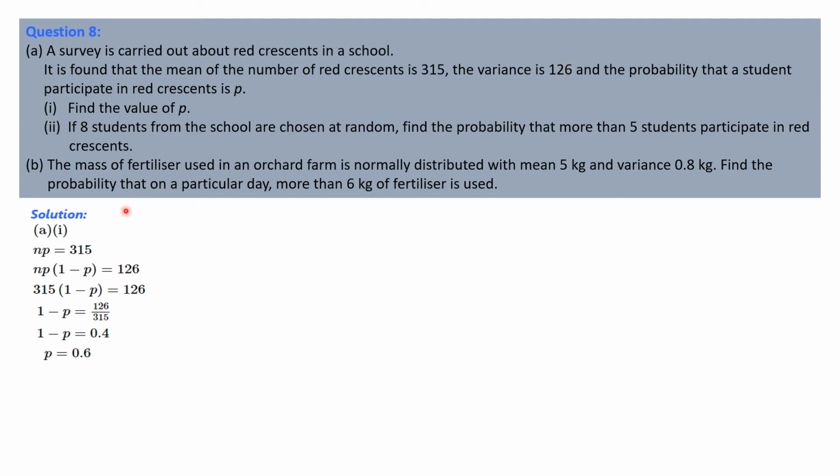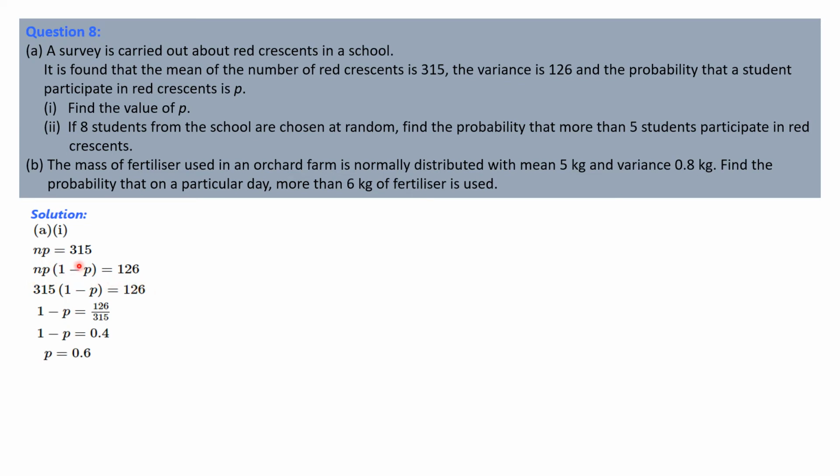We know that the mean is np, so np equals 315. The variance is npq, and we know that q is 1 minus p. So np times (1 minus p) is equal to 126.